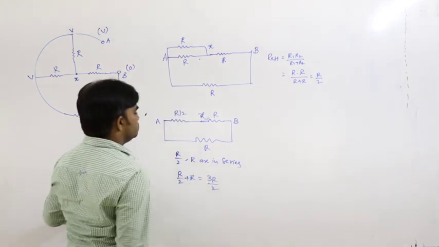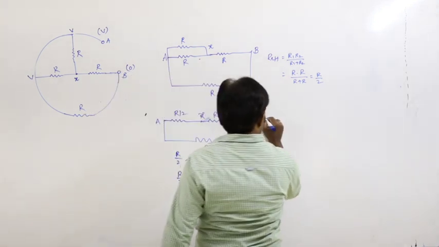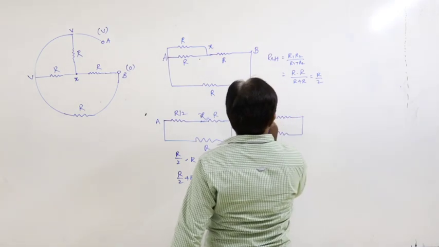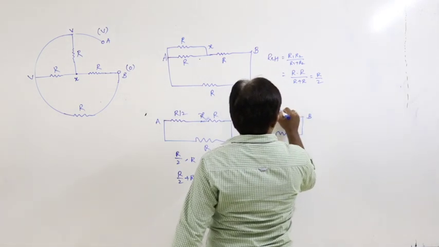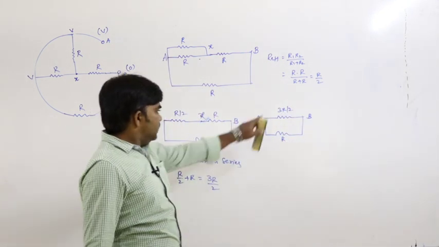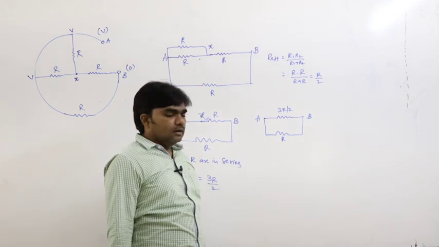So here R by 2 plus R, how much? 3R by 2. So again the condition is, this is A and this is B. This is 3R by 2 and R. So 3R by 2 and R are in parallel.